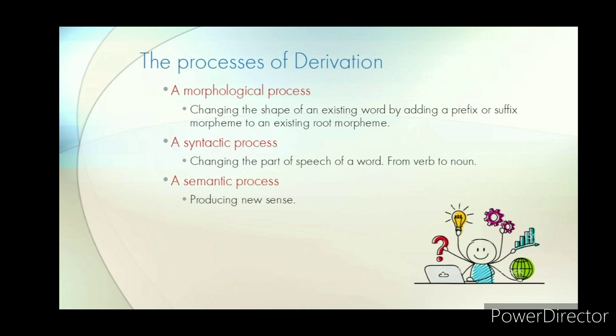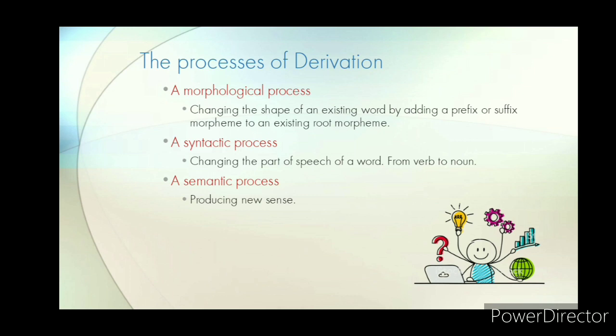Next, we also have the process of derivation. The process of derivation is needed in order to produce a new word. This process consists of three big processes: the morphological process, the syntactic process, and the semantic process.